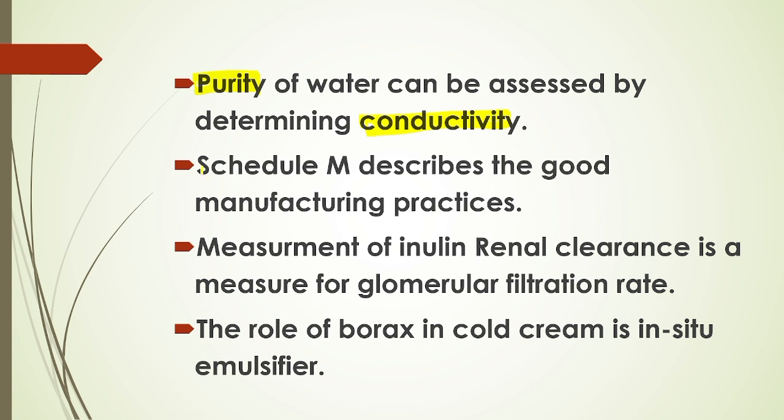The next one liner is: Schedule M mostly describes good manufacturing practices. First of all, what are schedules and how many types of schedules are there? According to the Drugs and Cosmetics Act 1940 and the Drugs and Cosmetics Rules 1945, different types of schedules are given, from schedule alphabet A to Z. In total 24 schedules are there.